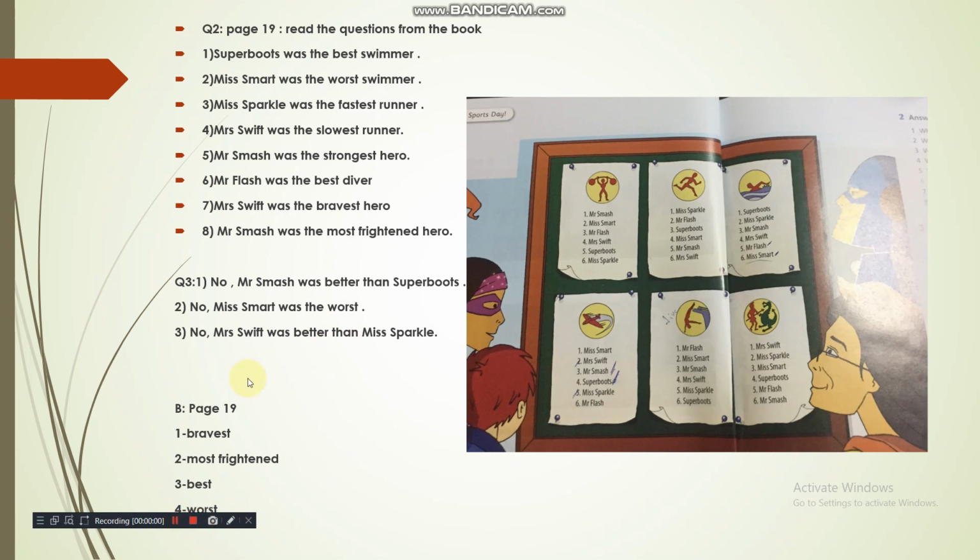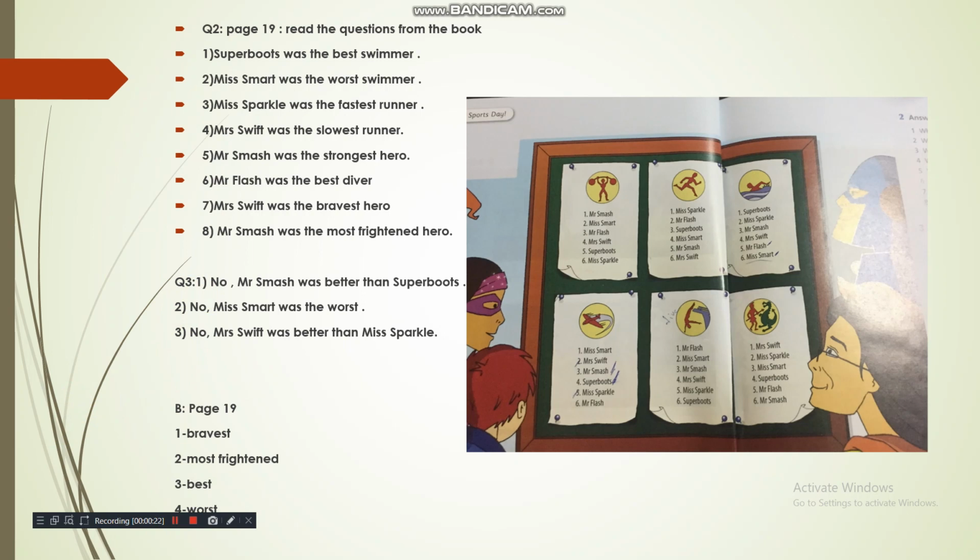Now answer the questions. Question 3: 1. In the flying competition, was Super Boots better than Mr. Smash? No, Mr. Smash was better than Super Boots. 2.